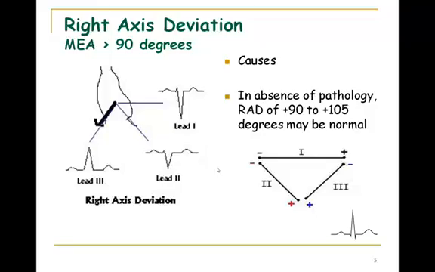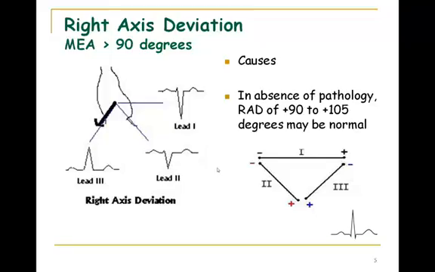But people that are tall and lanky and thin, their hearts, if you look at the apex of the heart, it's going to fall more down near where the 90-degree mark is, instead of pushed off a little bit to the left, more like at 59 or 60 degrees. So their mean electrical axis is going to be more towards 90 degrees, and maybe a little bit to the right.